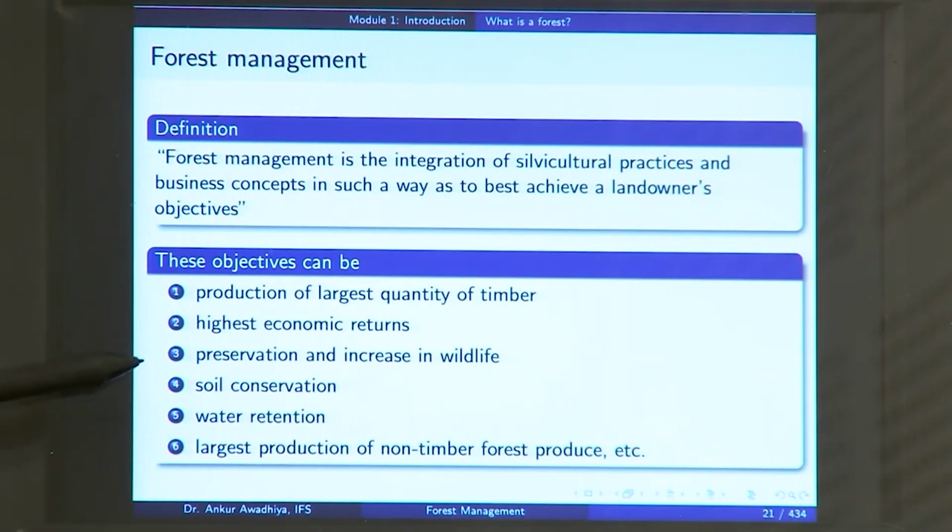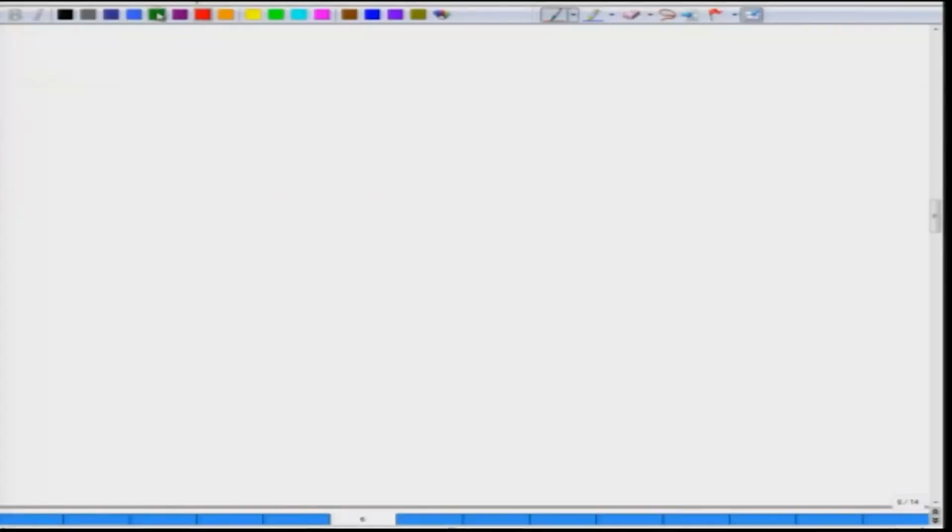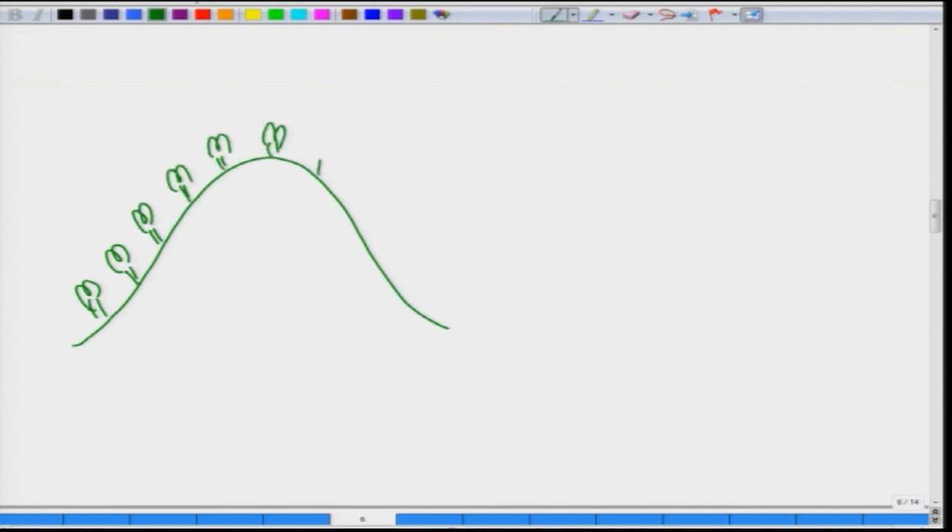Another objective could be soil conservation. So, especially in the hilly states, what we find is that if you have a hill and this hill is full of forests, if you manage these forests for say timber or for maximum profit, what you will do is you will remove these trees.